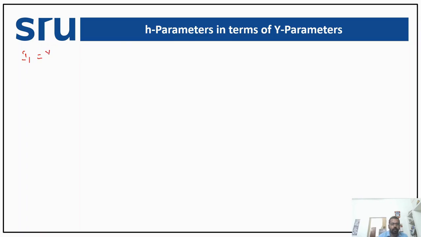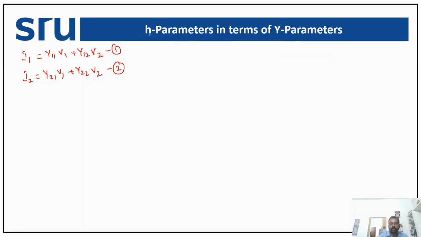I1 equal to Y11 V1 plus Y12 V2 and I2 is equal to Y21 V1 plus Y22 V2. Let us assume this as equation 1 and this as equation 2.